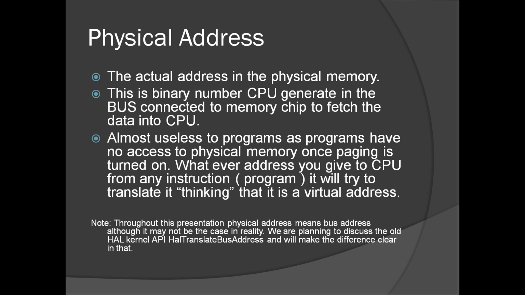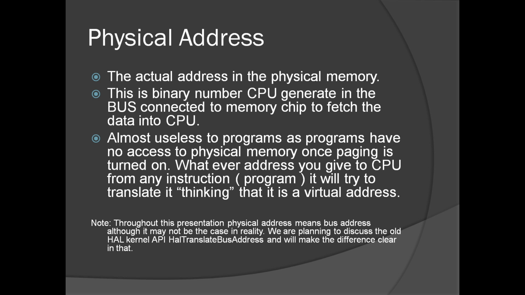This address is useless to a program as programs have no access to physical memory once paging is turned on, as I mentioned. Whatever address we are giving to the CPU, it will try to translate into a physical address, thinking that what we are giving is a virtual address.